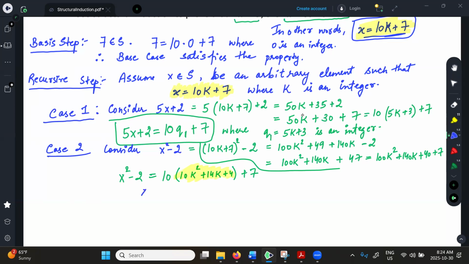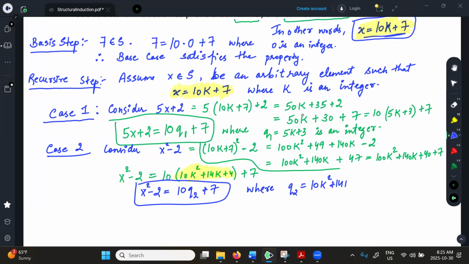So I started with x square minus 2, and I got the desired form, what they wanted. q2 is an integer, where q2 equals 10k square plus 14k plus 4, my bad, is 4. You have to tell me my mistakes, okay? Plus 4 is an integer.